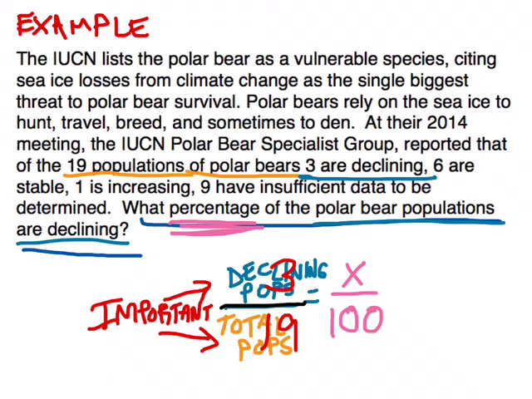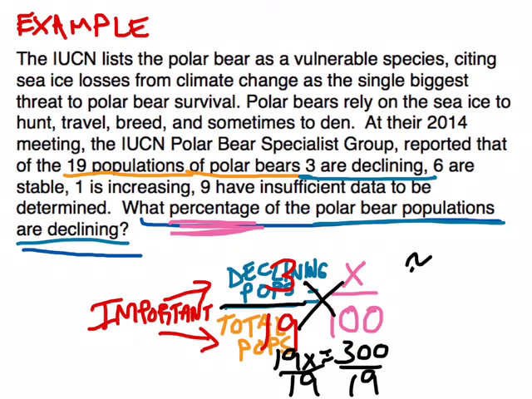I know how to solve a proportion, so I can do this. 3 times 100 is 300, 19 times x is 19 x's, and those are equal. I'm going to divide both by 19, and I'm going to use a calculator so I don't waste my time. But I'm going to learn then that about 16% of my polar bear populations are in decline.